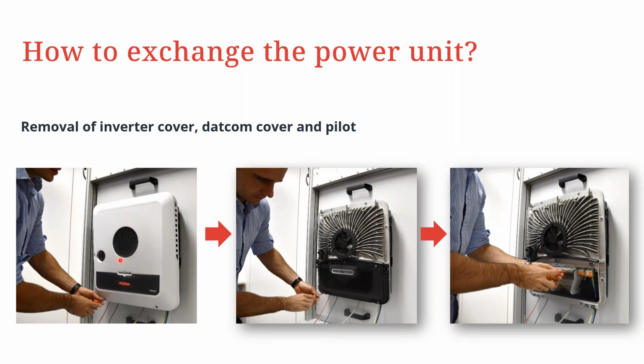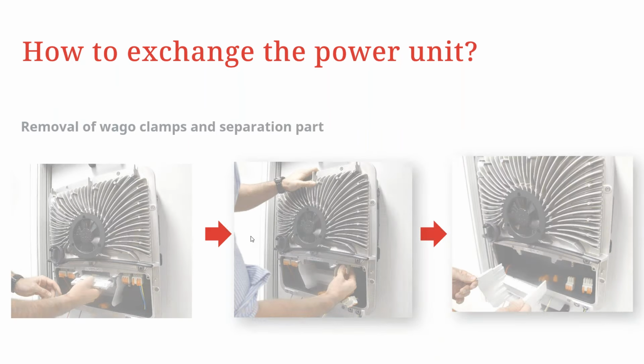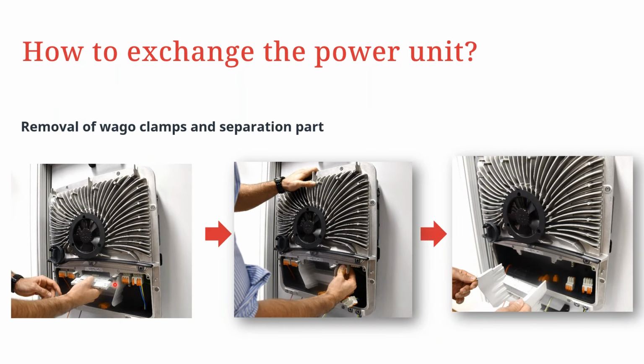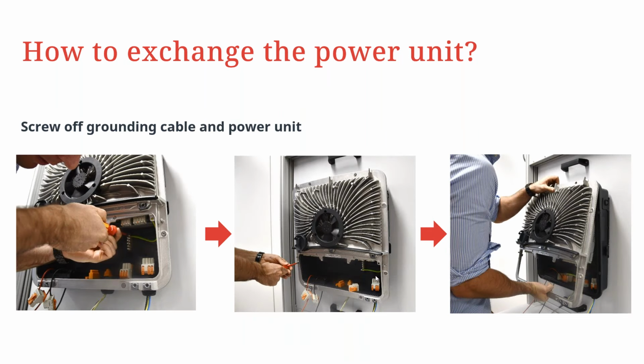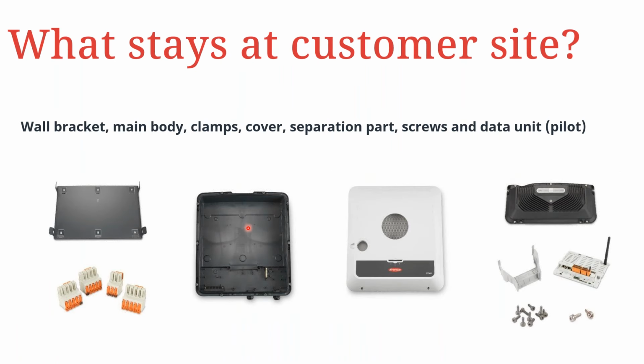All you need to do is remove the cover, gain access to the DATCOM cover, take it off, and remove the Vago clamps. Once the Vago clamps are removed, you can also remove the DATCOM protector, take out the pilot, and at the end, you will be left with something like this.